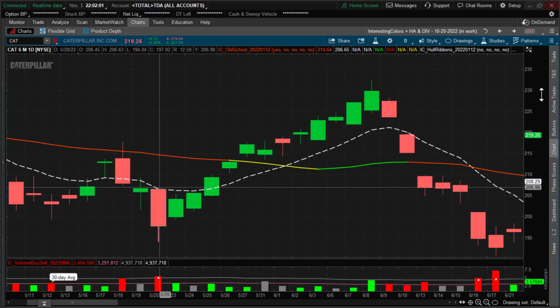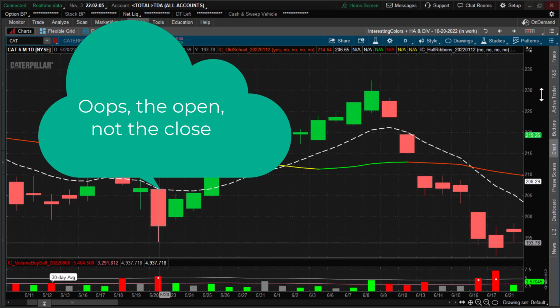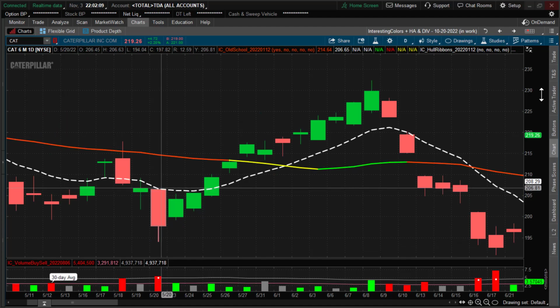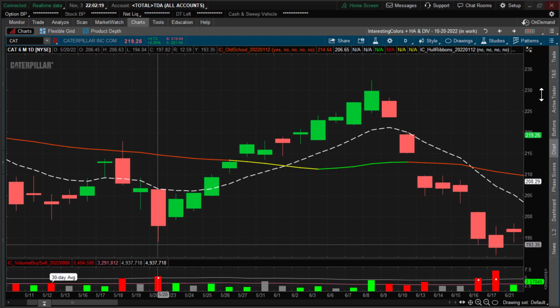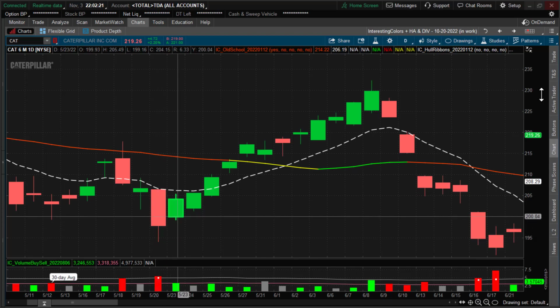Well, in this case here, it equals the close. The high is there, the low is there, and if we compare the high of the red candle to the next red candle, we have a lower high and a higher low. So it's not really an upward trend.